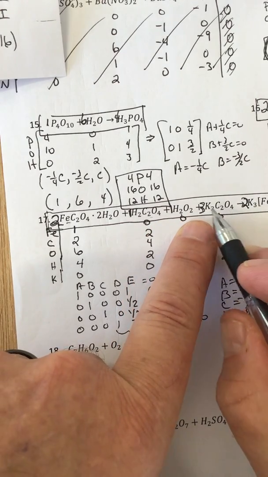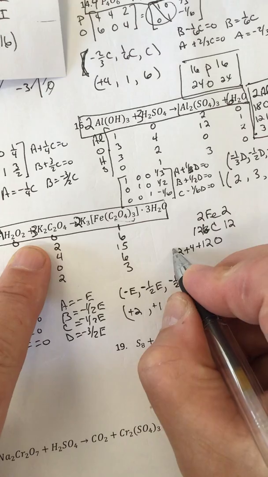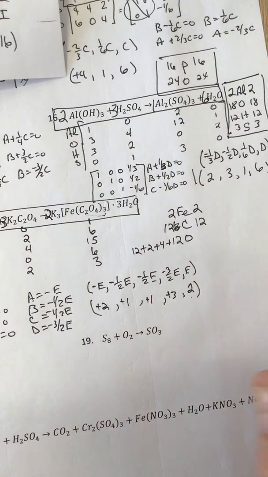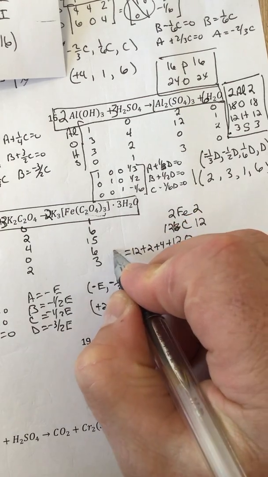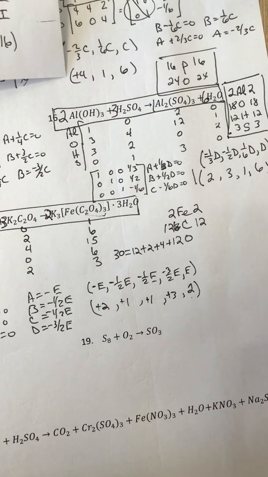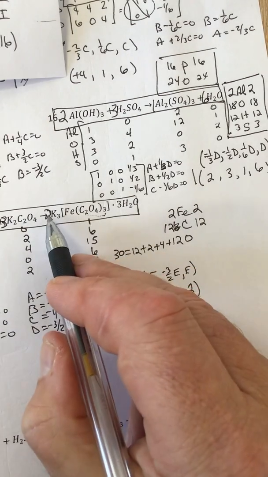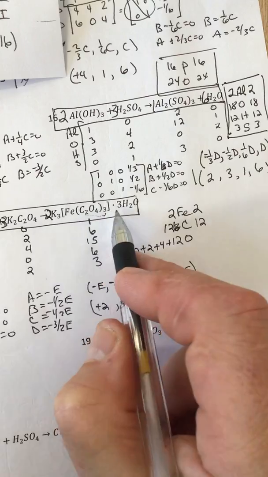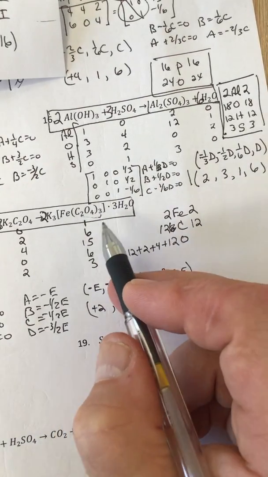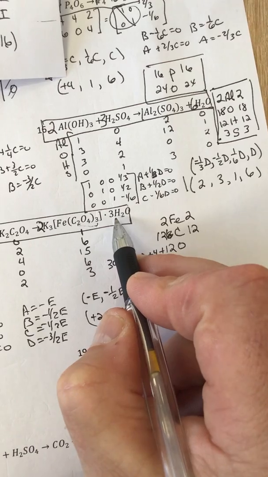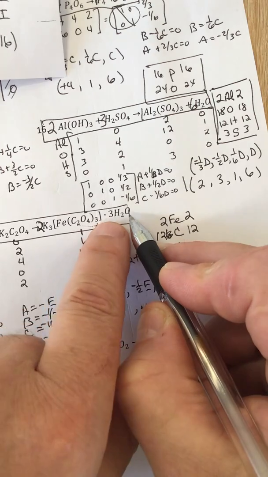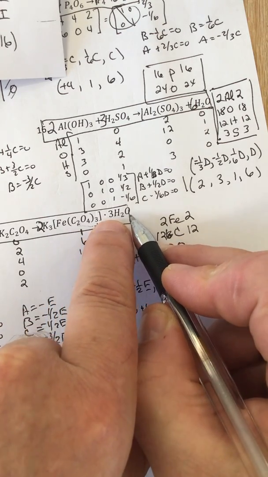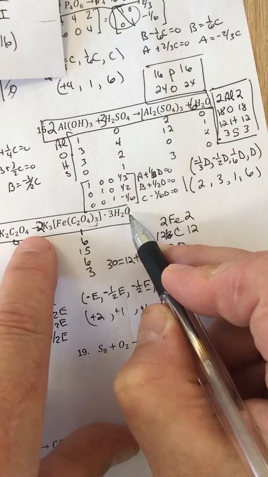Oxygens here, there's 4, 3 times, so that's 12 more. So it looks like the oxygens on this side are 12 and 12 is 24, 25, 26. So it looks like to me there's 30 oxygens on that side. Let's see if there's 30 over here. So there's 2 of these. So there's 12. And then 3 more for 15, doubled. So sure enough, there's 30 oxygens on that side.